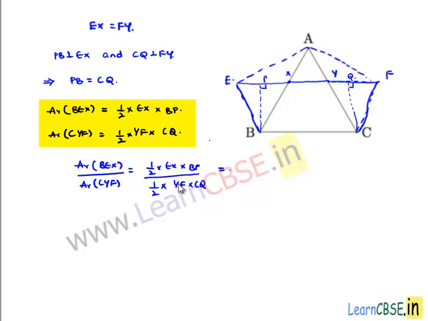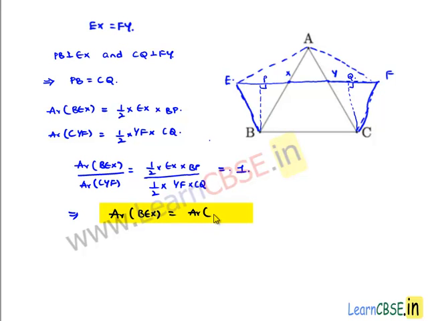As EX is equal to YF, that ratio is 1, and BP by CQ will also be 1 since BP is equal to CQ. Therefore, the whole ratio will be equal to 1. Therefore, we can finally say area of triangle BEX is equal to area of triangle CYF. Let it be equation number 1.